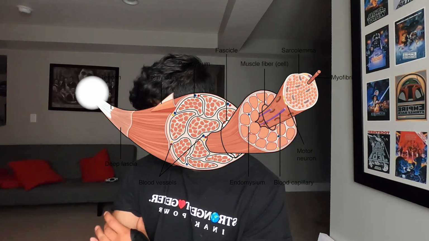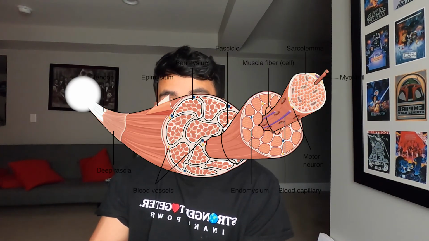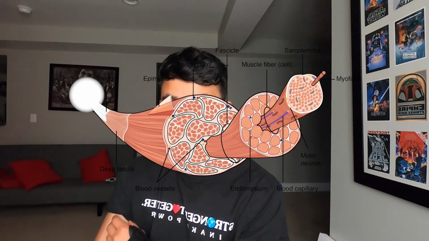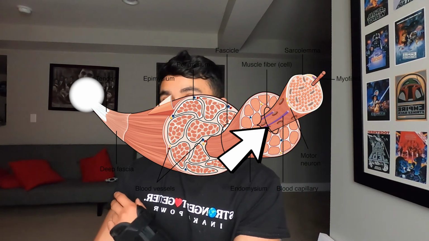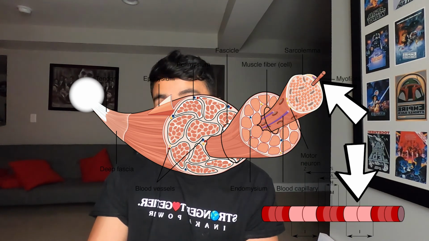To give you guys a little bit of a rundown of the anatomy of muscle. First you have the muscle belly, which is the entire muscle, and then the muscle belly is organized into muscle fascicles. The muscle fascicles are then organized into the muscle cells, and the muscle cells are organized into myofibrils, and then you have the sarcomeres, which are little bits of the myofibrils.